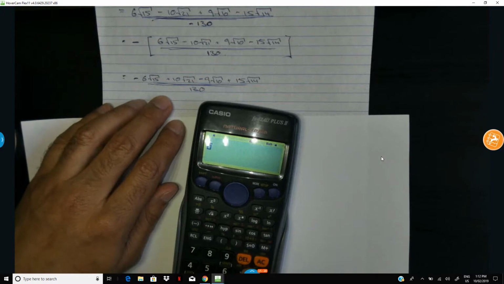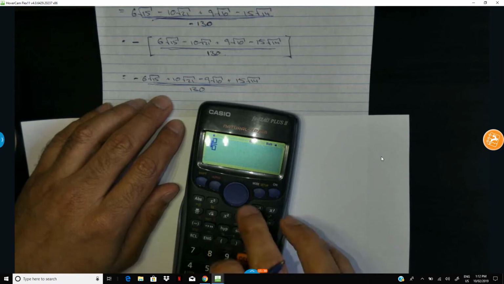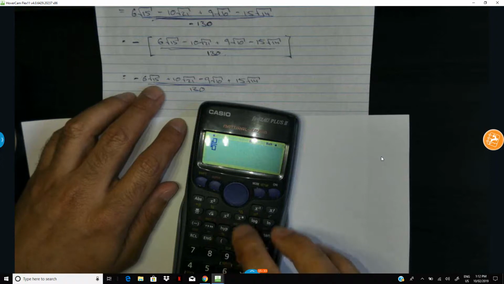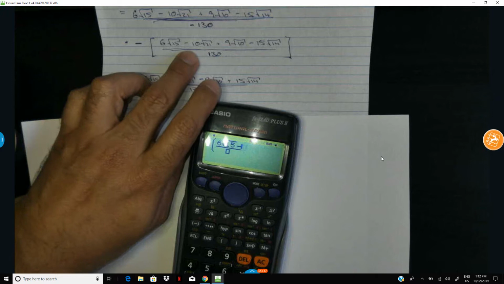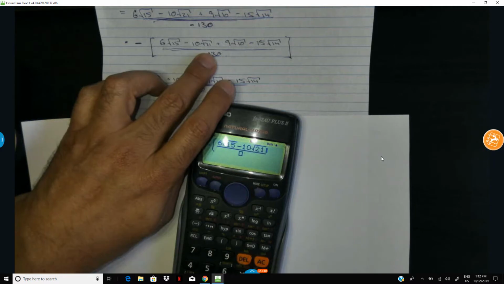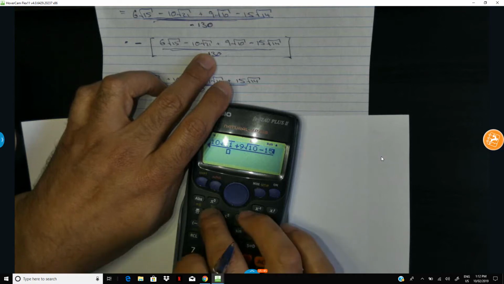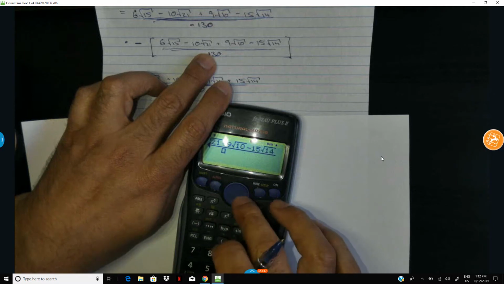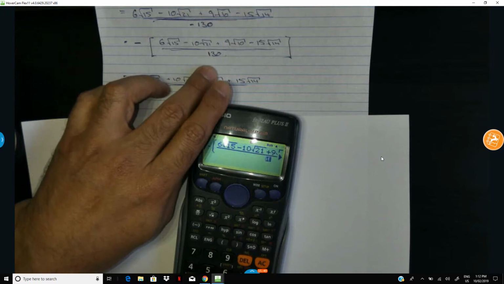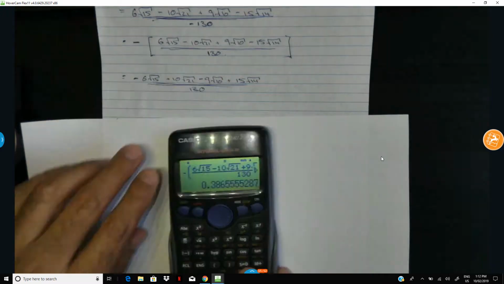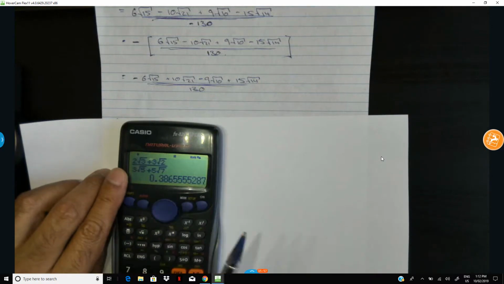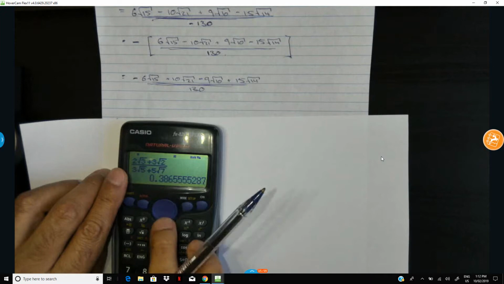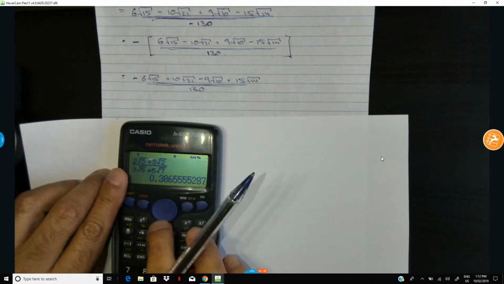So here, minus 6 square root 15 minus 10 square root 21 plus 9 square root 10 minus 15 square root 14, all over 130. So there's my solution for what I found, and that's the same as the original, which is exactly what we want.